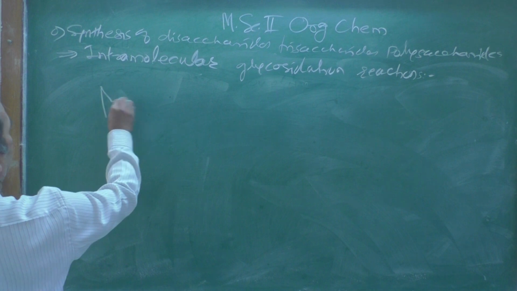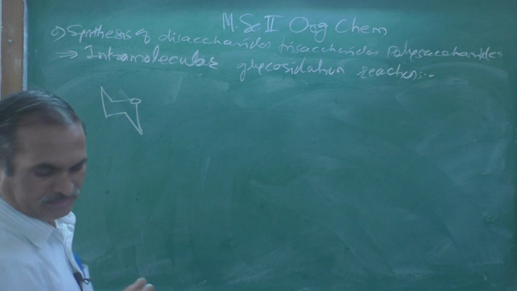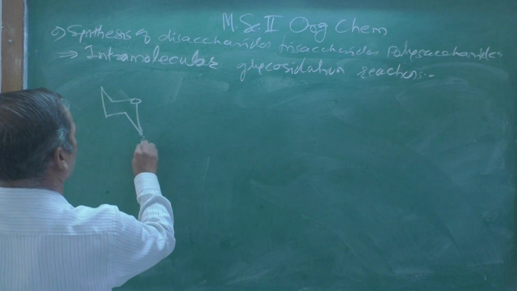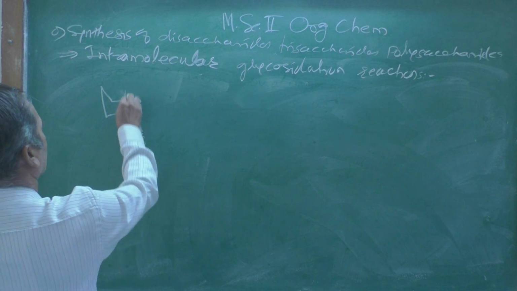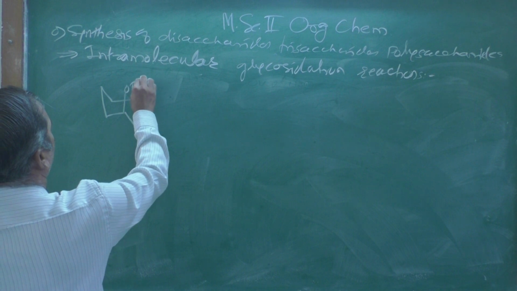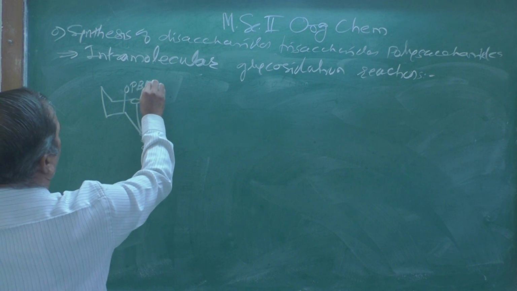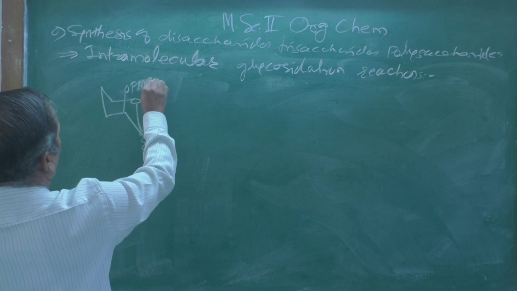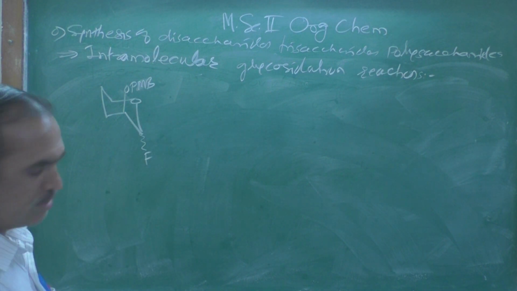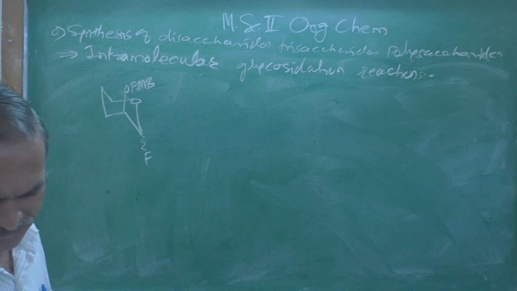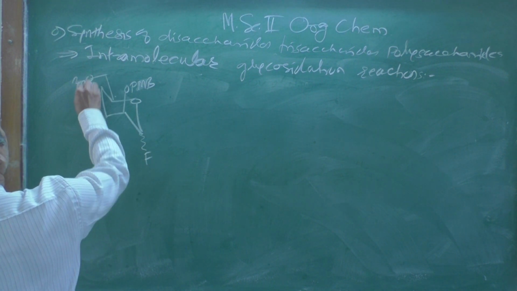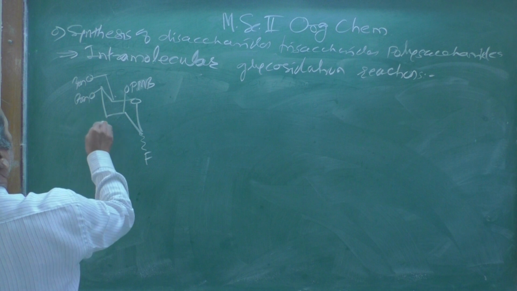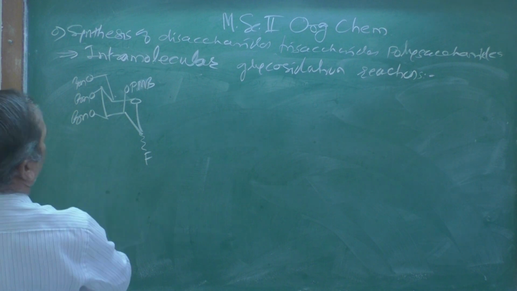Very briefly we are discussing this one. Here there will be an F, and now there is an O, PMB, paramethoxybenzyl, and the other parts are protected by benzyl groups, represented like this.